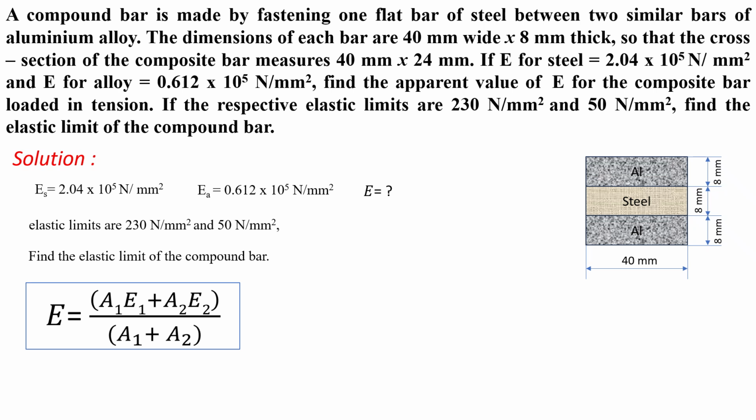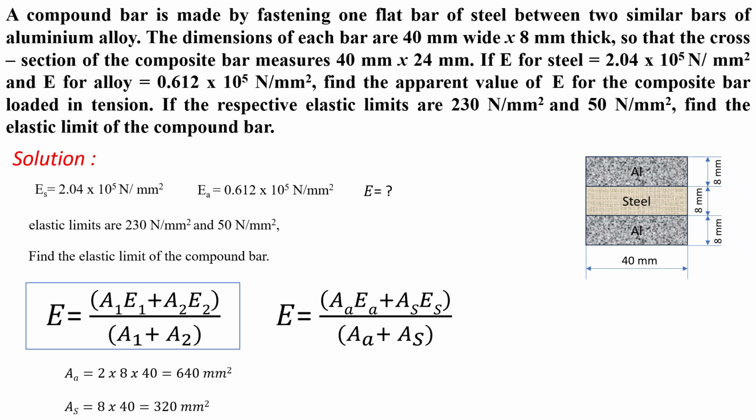Here the first material is aluminum and the second material is steel. So E equals (AA EA plus AS ES) divided by (AA plus AS). We know the cross sectional areas of the aluminum and steel.